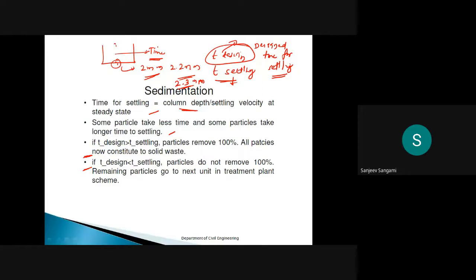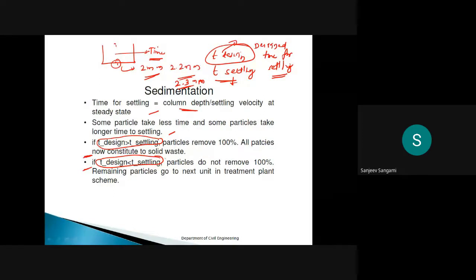And if T design is lesser than T settling, then the particle will not be removed 100%, because the design time itself is lesser than the settling time. So you have to understand these two, T design versus T settling, carefully.